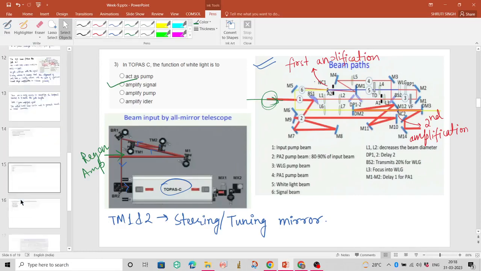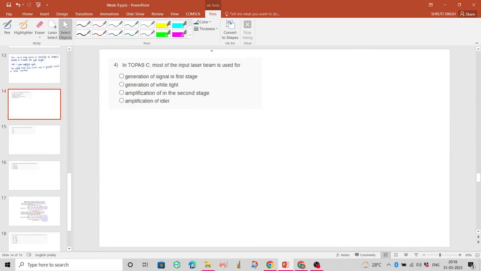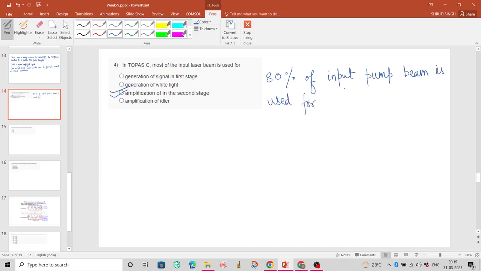So most of the input laser beam is used for amplification in the second stage, which is 80% of the input pump beam used for second stage amplification. The first option says generation of signal in the first place.